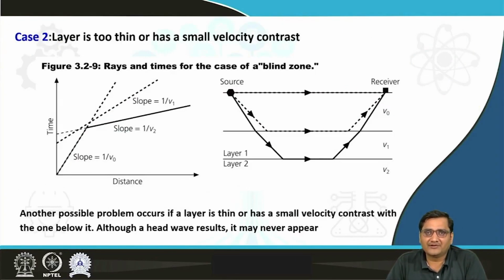The second limitation is when the layer is too thin or has a very small velocity contrast. That means the velocity difference between v0 and v1 is very small, or the layer is very thin.